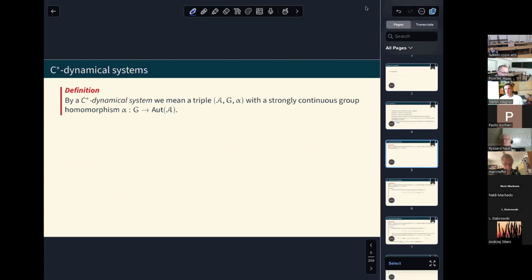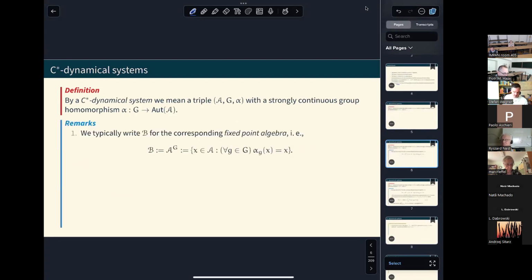I simply mean a triple consisting of a unital C-star algebra A, the compact group G, and a strongly continuous group homomorphism from G into the automorphism group of A. Whenever I have such a C-star dynamical system, I typically write B for the corresponding fixed point algebra. These are all elements in the unital C-star algebra A that are fixed by the action.